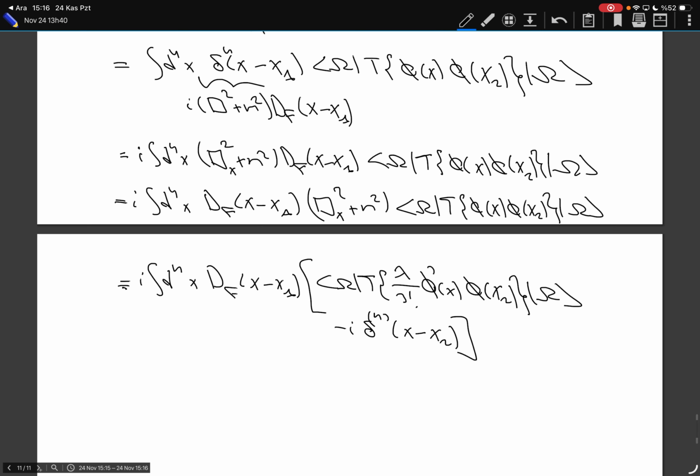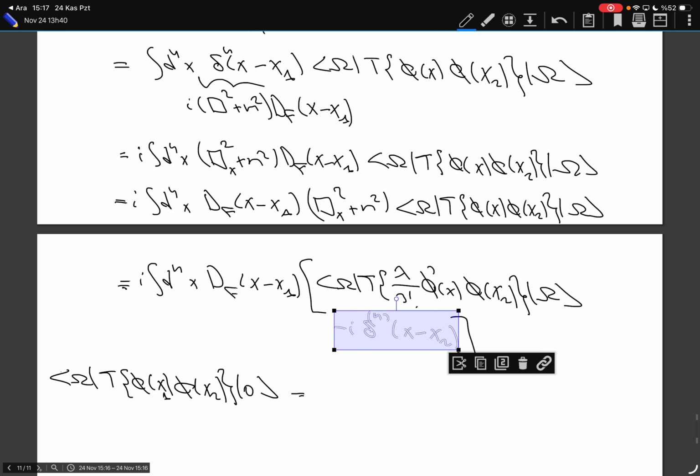So what I obtain is this matrix element is equal to, if I just write this term, I can integrate over x using that Dirac delta. It just gives me the Δ_F(x₂ minus x₁).